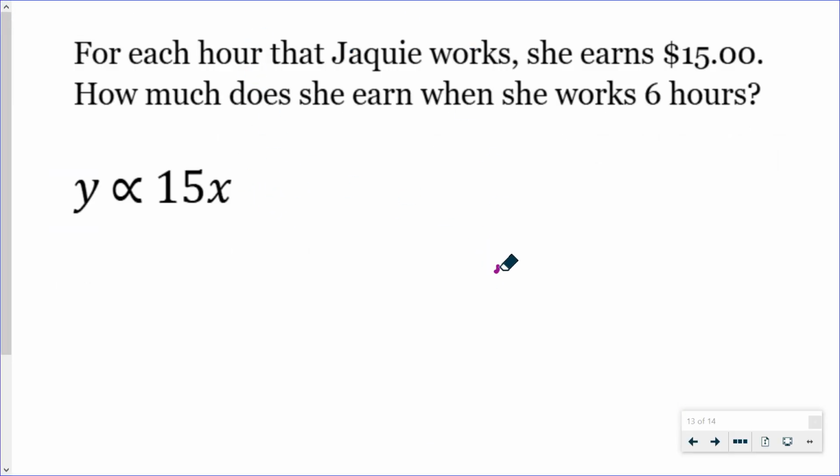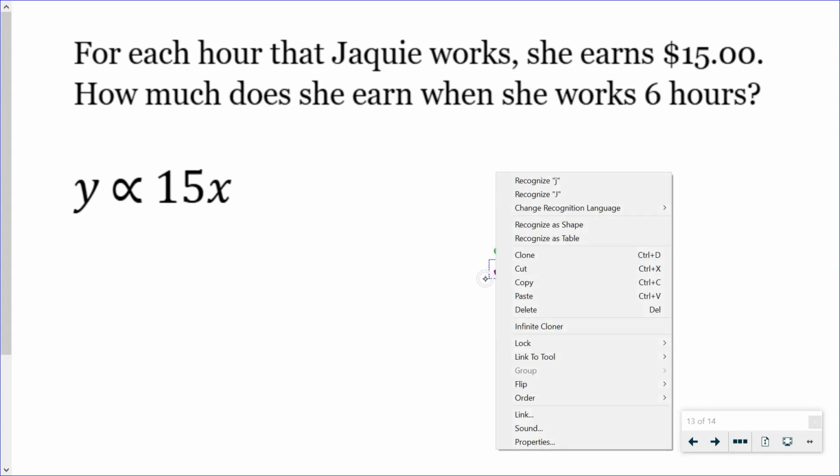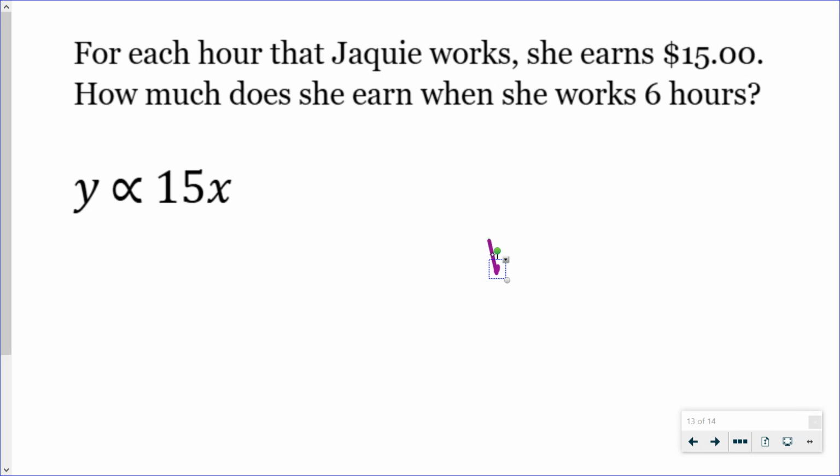Okay. So it says for each hour that Jackie works, she earns $15. How much can she earn if she works 6 hours, okay?